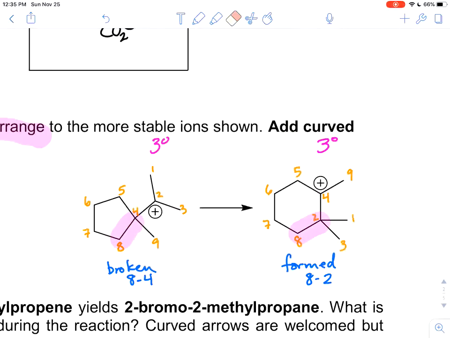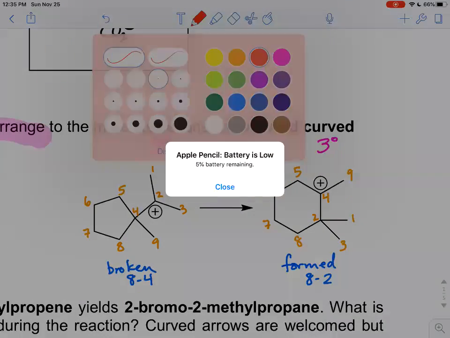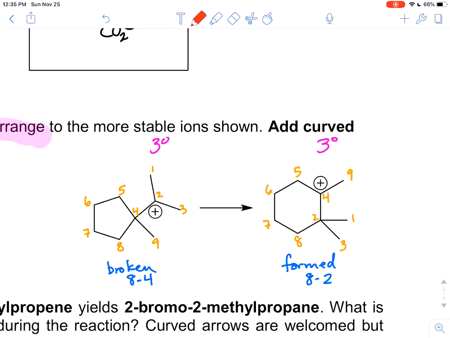The way that we'll do this is by starting at the 8-4 bond. That's why we went through all this trouble. The 8-2 bond, and whether you go to the carbocation or if you just go to there, either one is fine. So that's one way of doing it. You also could have numbered it a different way.